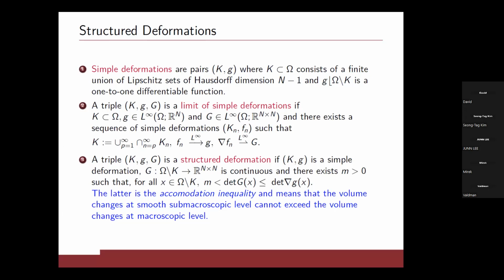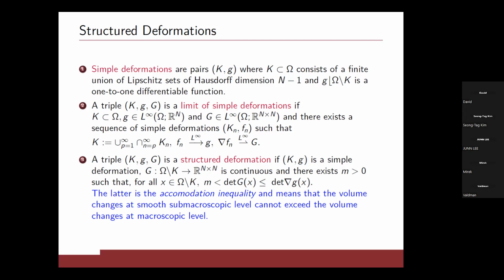And then, after this limit description, they said that a structured deformation is essentially such a triple K, little g and capital G, where (K, g) is a simple deformation, and the field capital G outside the set K is a measurable field, or it can even be considered as a measure achieved in the previous way.